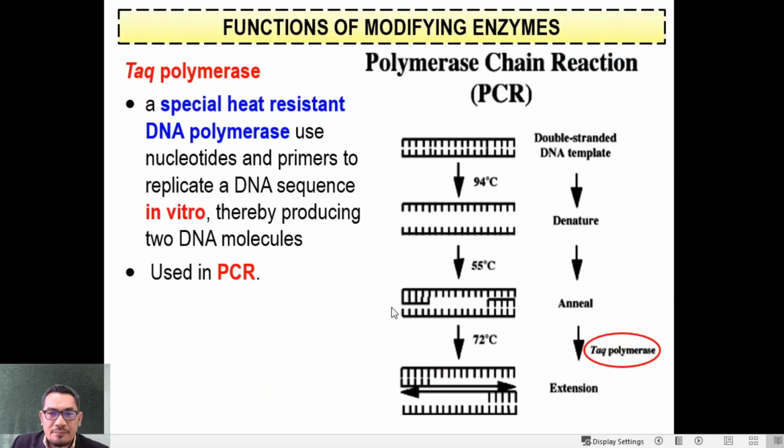Next, Taq polymerase. A special heat-resistant DNA polymerase uses nucleotides and primers to replicate a DNA sequence in vitro, thereby producing two DNA molecules that are used in PCR or polymerase chain reaction.